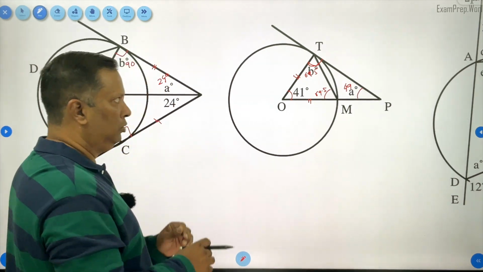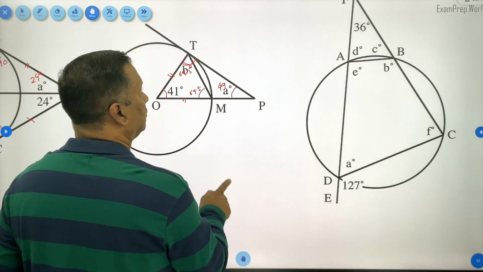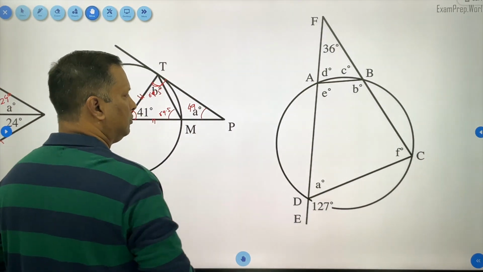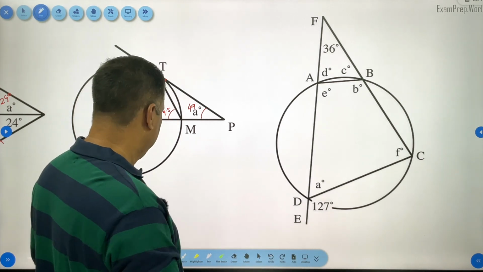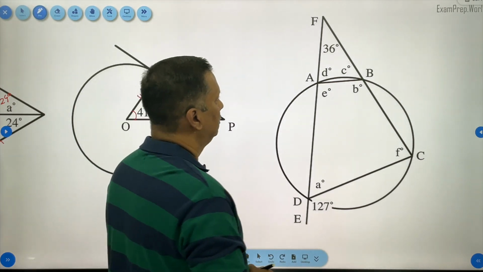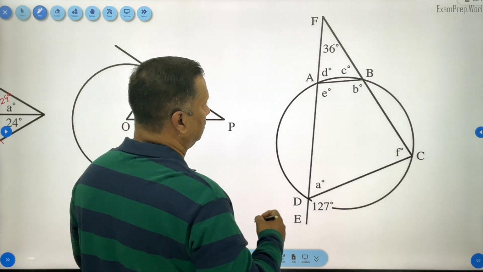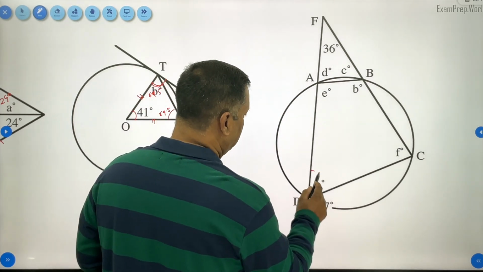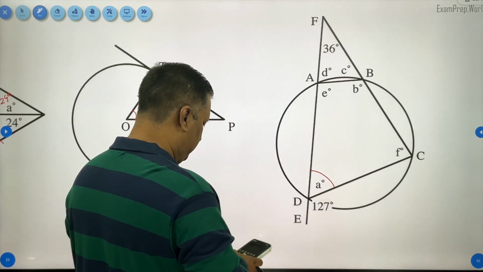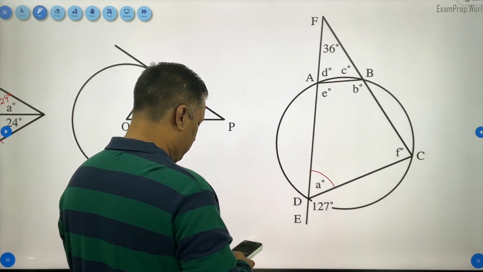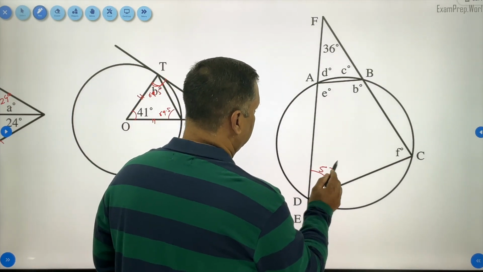So let's go to the next one. Here. Okay. Now, 127. So how much will be A? Let's start from here. 180 minus 127, isn't it? 53, right?